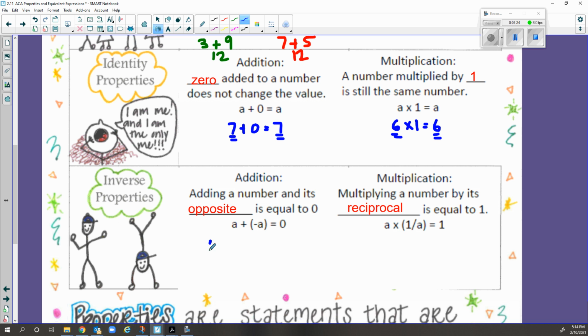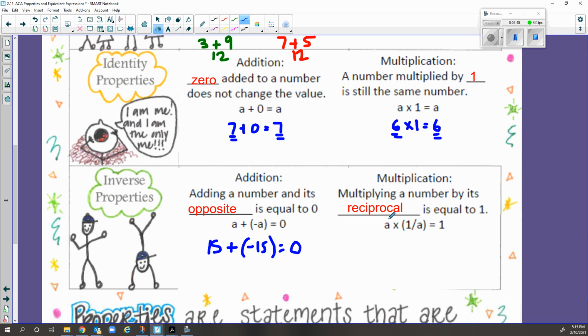If I take 15 and I add negative 15, that's going to give me 0 because the 15s will undo each other. It's the same as saying 15 minus 15 to get 0. But when we think about it of adding the opposite of what we started with, we'll still end up getting 0.